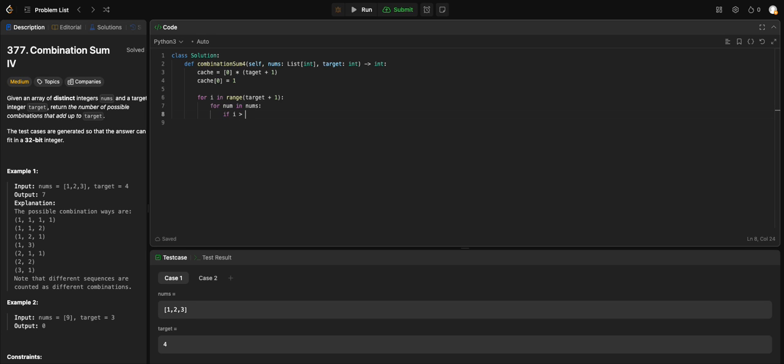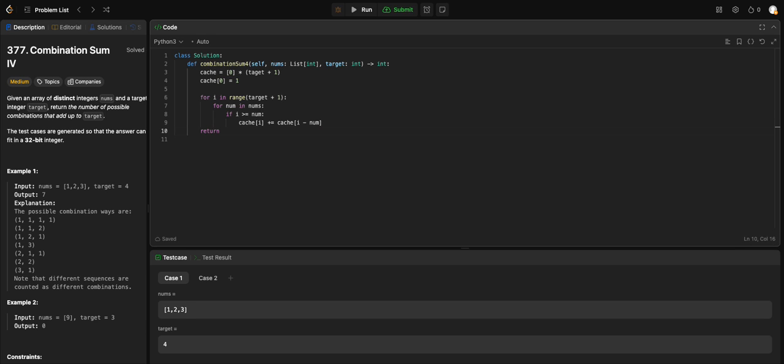if i is greater than or equal to num, then cache at i plus-equals cache at i minus num.